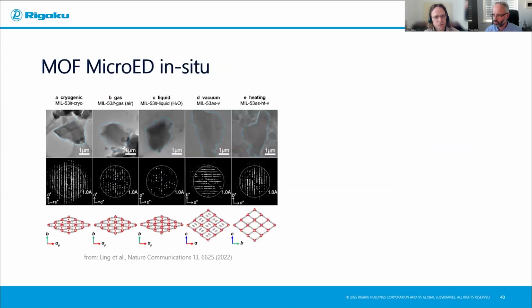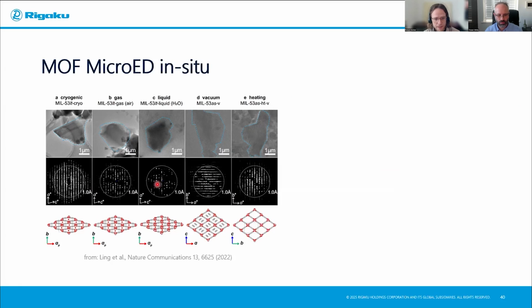Now, specifically for those porous materials, it's quite relevant that we can do those measurements in micro-ED not only in vacuum, but also in cryoatmospheres and gas atmospheres, to some extent even in liquid atmospheres and at different temperatures.